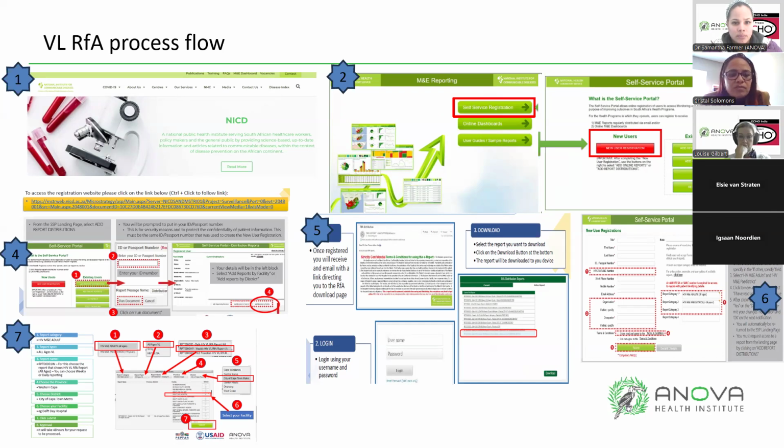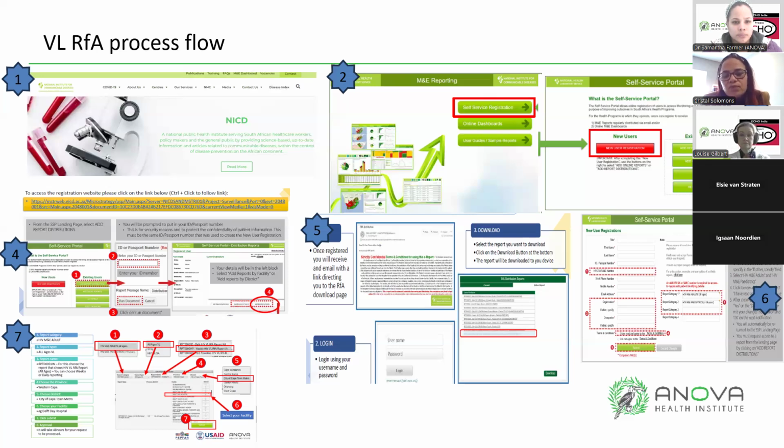If you are a registered nurse or a doctor, you are able to register. You go onto the NICD website, where there's a self-registration tab, or the M&E reporting tab, and follow the self-registration process.